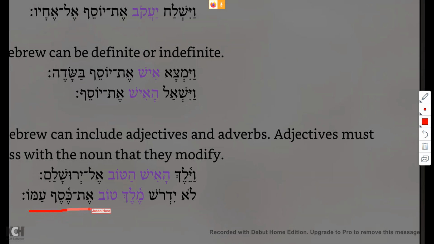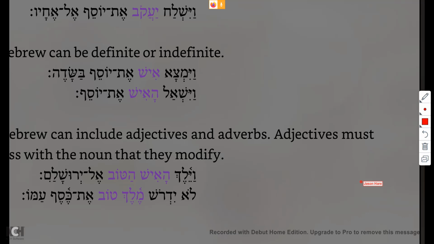Okay, and the second sentence, can you tackle that for us, Gio? Lo yedrosh melech tov et kesef amo.